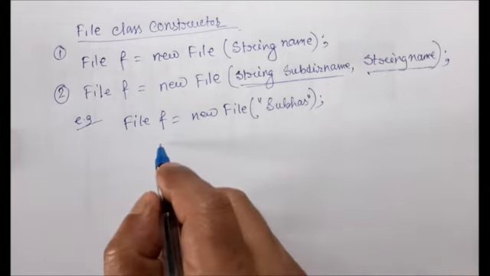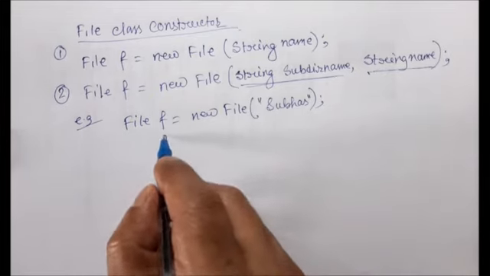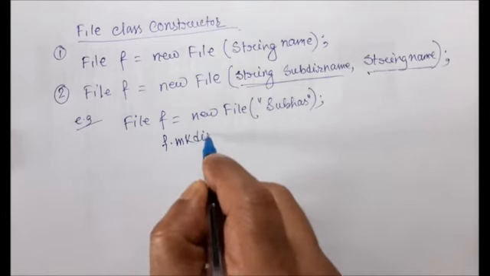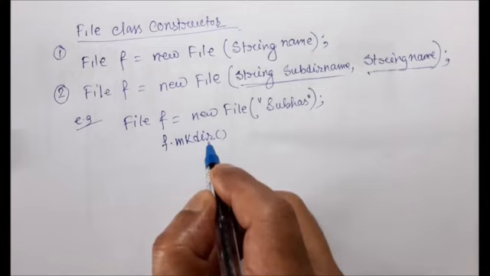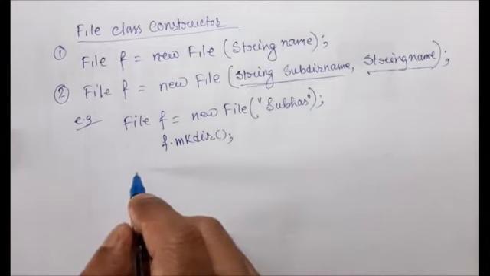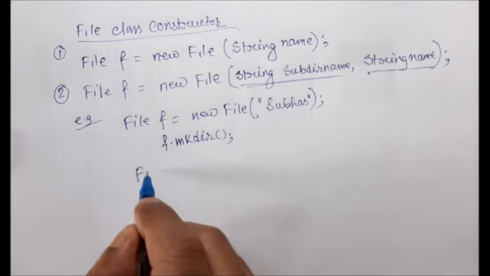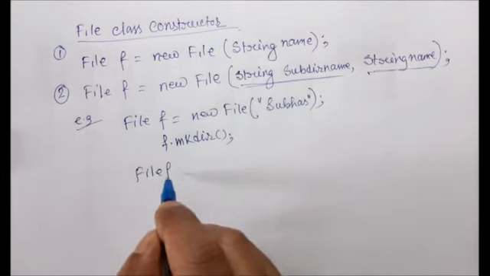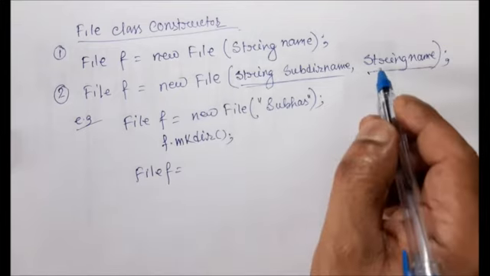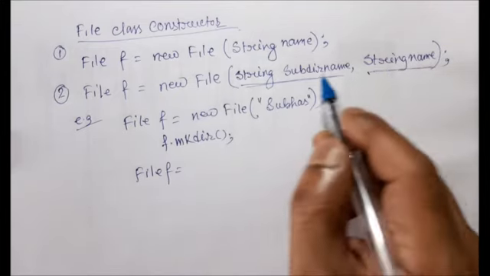After that we have to call mkdir, make directory, right, and then I have to use this File constructor once again, the second one, because I want to create a file name under this directory.